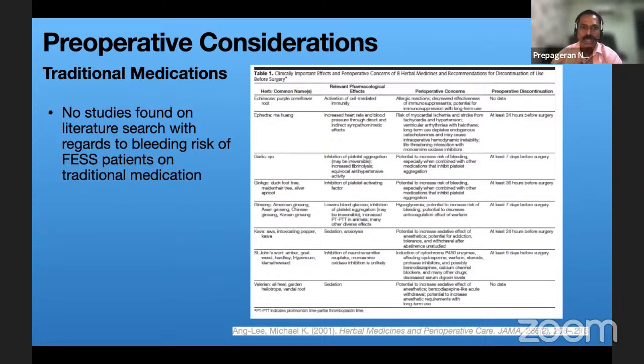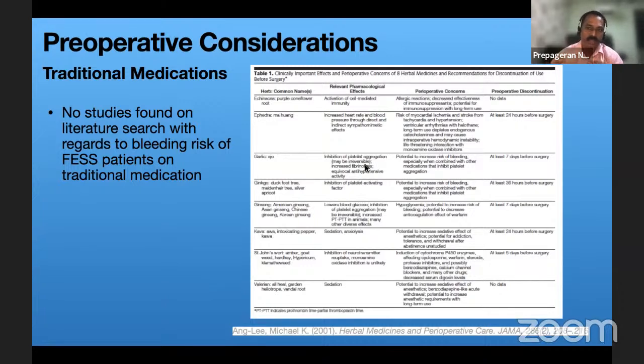There are no studies at the moment in regards to bleeding risk of FESS on patients with traditional medicine. But if you look at some of the publications, ginkgo, for example, has an inhibition of platelet activating factor. Ginseng lowers the blood glucose and also inhibits the platelet aggregation. Garlic inhibits platelet aggregation, and this may be irreversible.